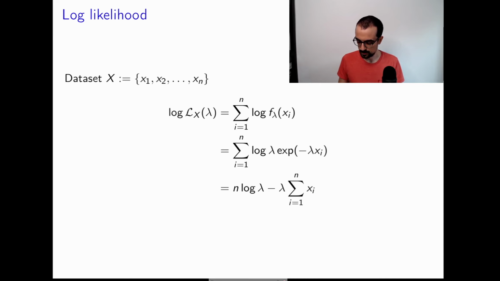This splits into, because the logarithm of a product is the sum of the logarithms, the logarithm of the first term, which is just log lambda, and the logarithm of the second term, which is just minus lambda xi. And now we have this sum. Okay, so the first term, they're all the same, so we have n log lambda minus lambda times the sum. That is the log likelihood of the exponential model. In order to plot it, we have to assume some value for the data.